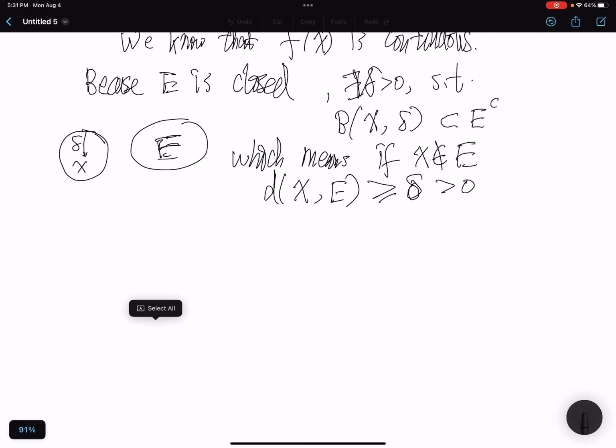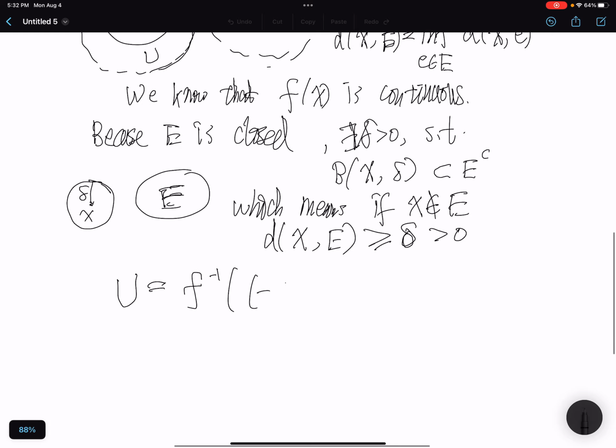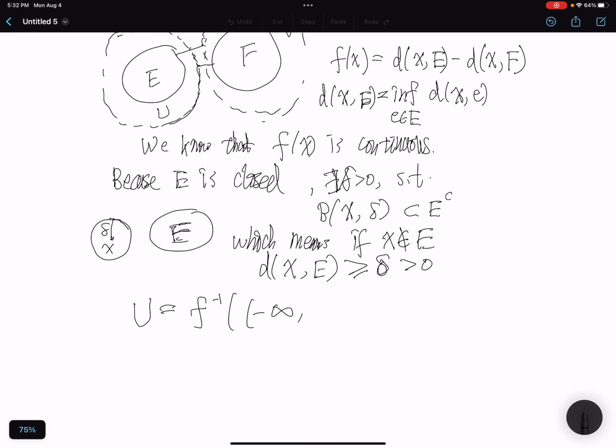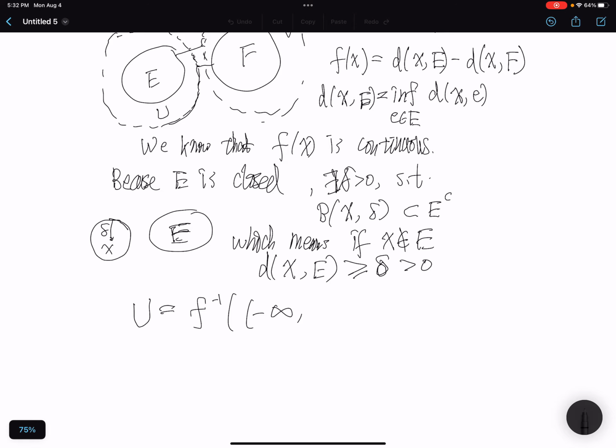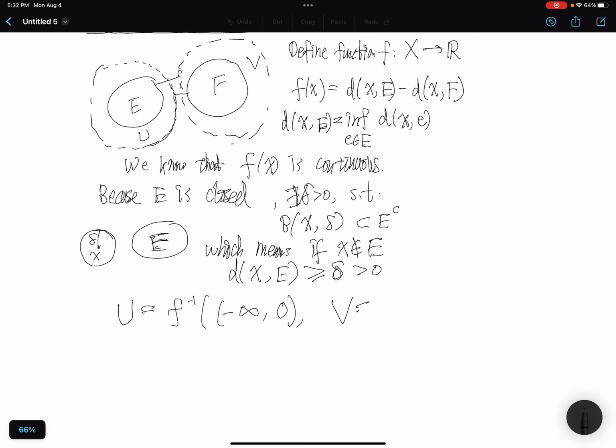Okay, so now we combine all of this. Let's define U to be the pre-image of minus infinity to 0, and V the pre-image of 0 to infinity.